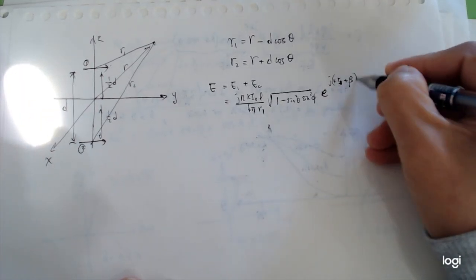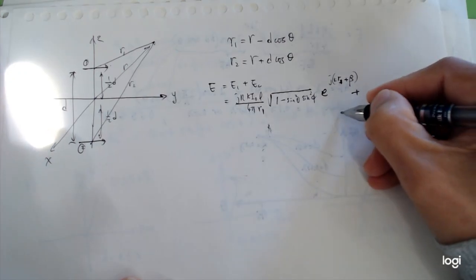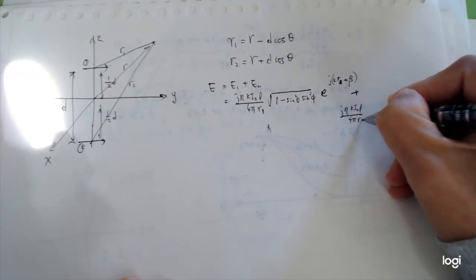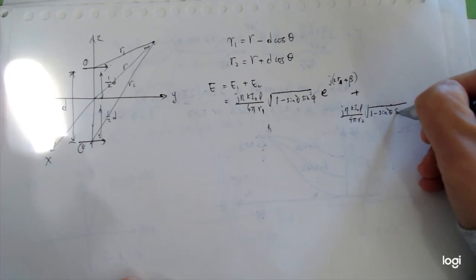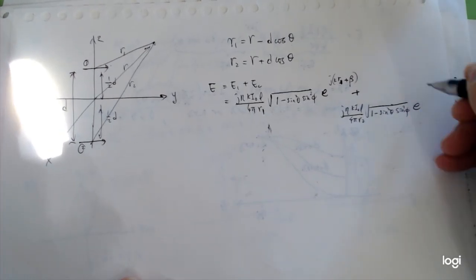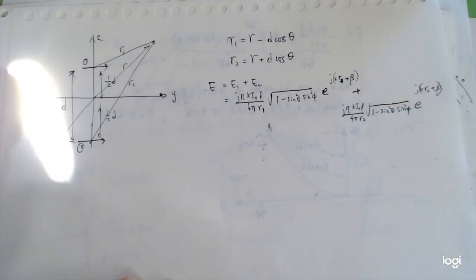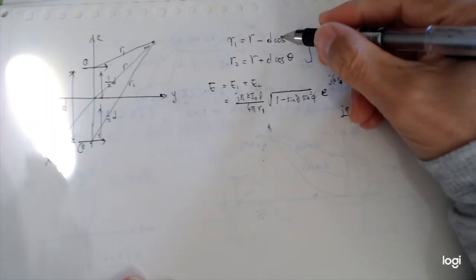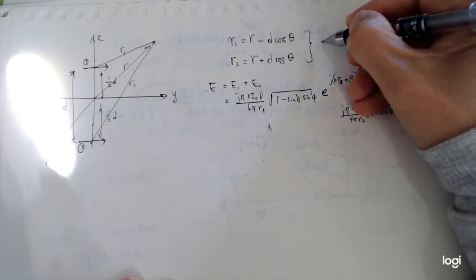So altogether, we have to, and another term here is J R2. So that's what I think. This is the combining electric field. But remember, we are going to use these two expressions for phase approximation.